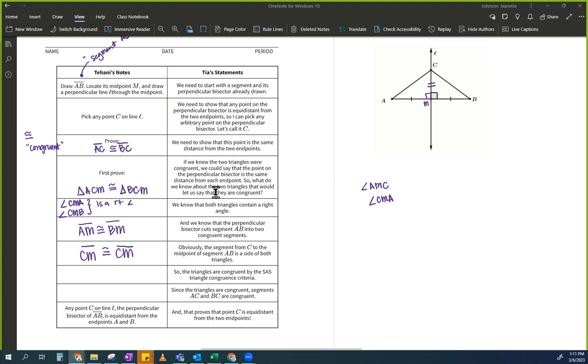Yeah. And then it's kind of interesting, and I wish I could show you all the different ways that people are doing it. Some people said AMC to BMC. Do those match, AMC to BMC? Yeah. And then someone else said ACM to BCM.